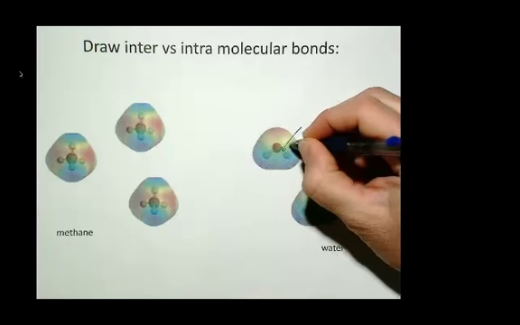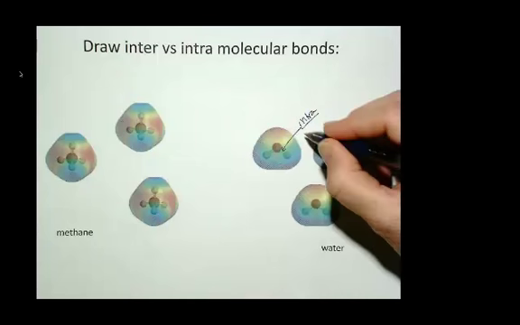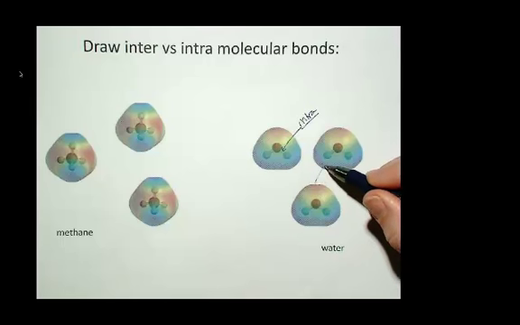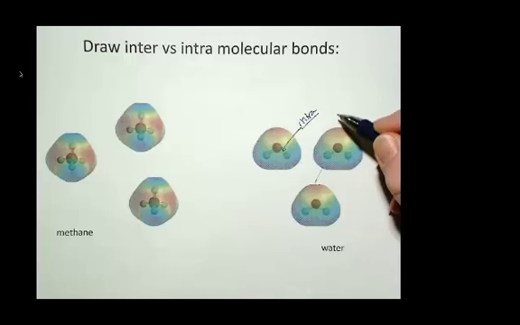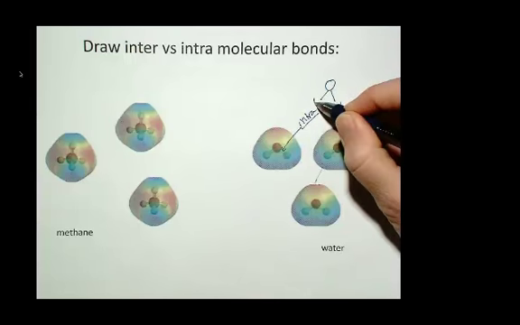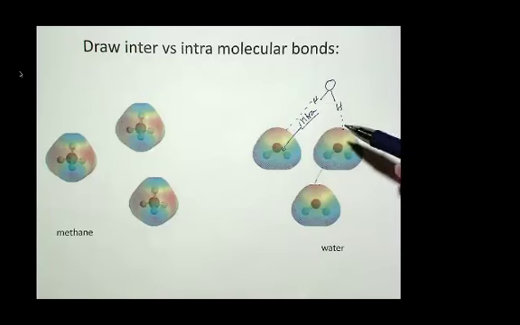This is intra, because it's within the discrete molecule, and then there would be an attractive force between these molecules. Let me draw another molecule of water. The attractive forces are going to be between the individual discrete molecules, inter forces.